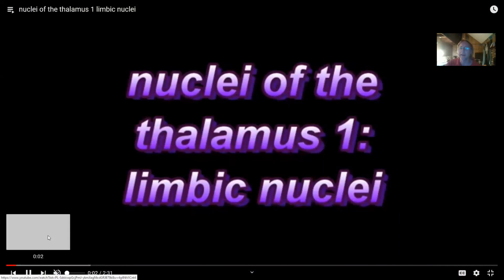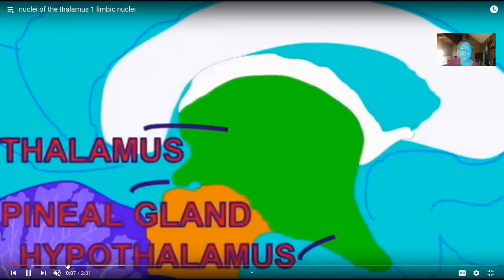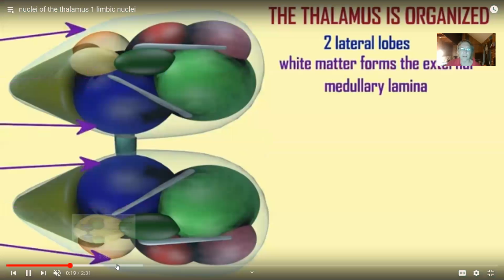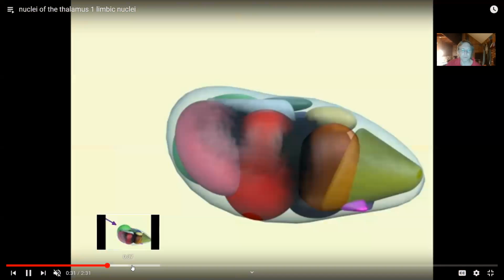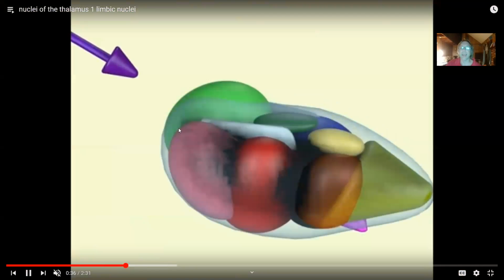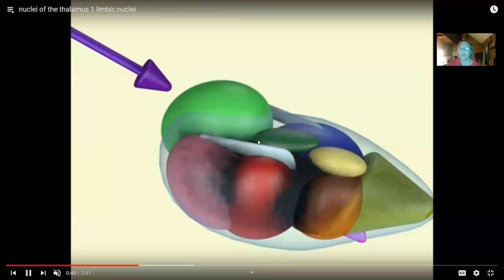So what does the thalamus do? A lot. And so I have some videos which go through this in a little more detail. This is more of an overview. One thing that the thalamus does is it functions in the limbic system. And so if we were to identify nuclei, for example, if we were to go to this anterior nucleus, it's popping out of the rest of the thalamus in that animation.